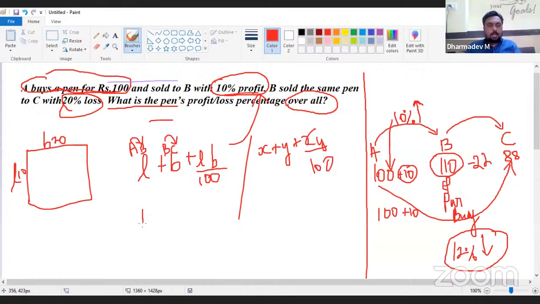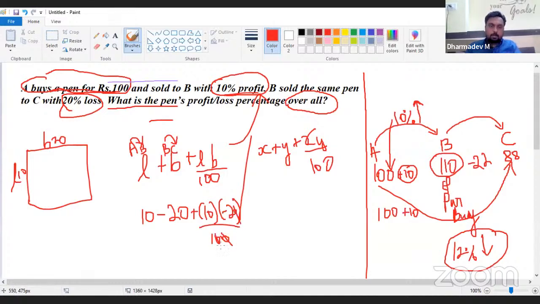So this 10% profit means it's plus 10. I'm not writing the percentage sign, it's just plus 10. And when I say 20% loss overall from B to C, I'm making it minus 20. So plus, the length is 10 and the breadth is minus 20, whole divided by 100.